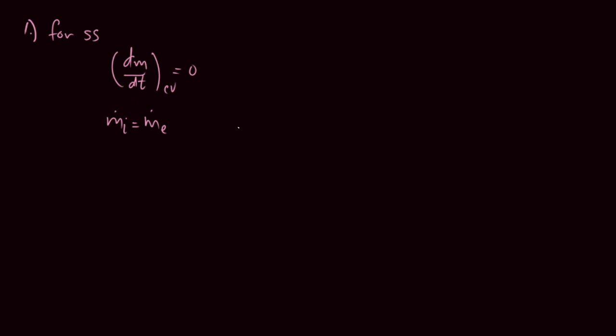All right, and that's what that tells us. And also we have that the change of energy, dE/dt of the control volume, there cannot be any rate of change of energy in the control volume if it's steady state. So if it's steady state, this also has to be equal to 0. And thus the energy coming into the system is equal to the energy exiting the system.